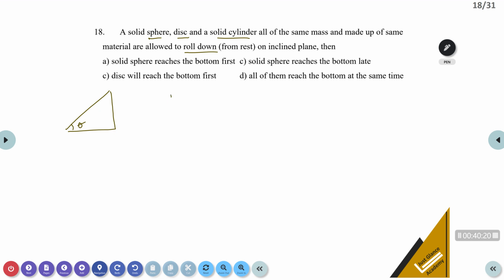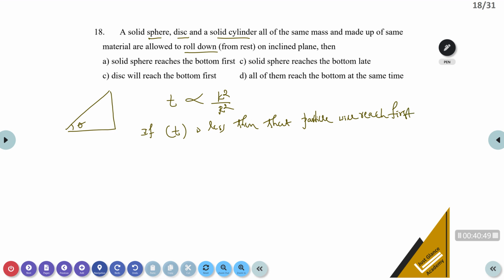That means here we know the equation: T is directly proportional to k square divided by R square. If T is less, then that object will reach first.